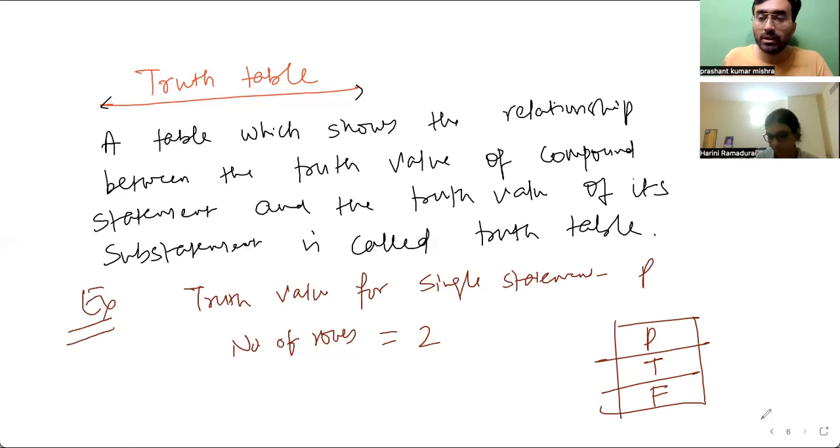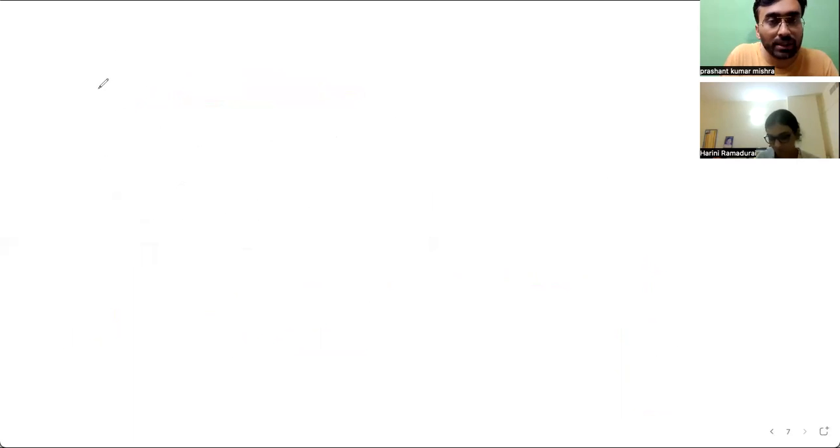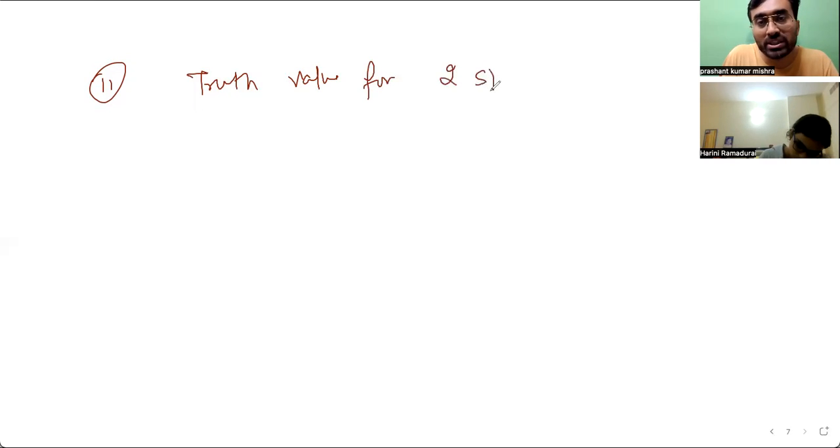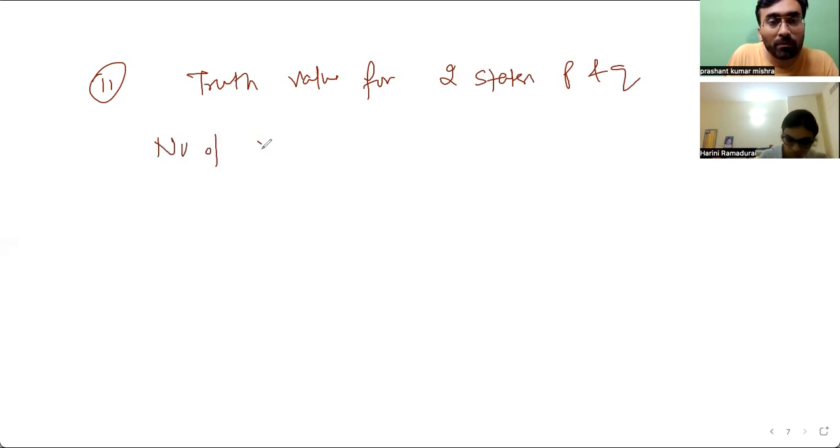Now, if I take truth values for two statements, P and Q, how many rows? The number of rows will be 2 squared, because of two components, so 2 squared is 4. Why?